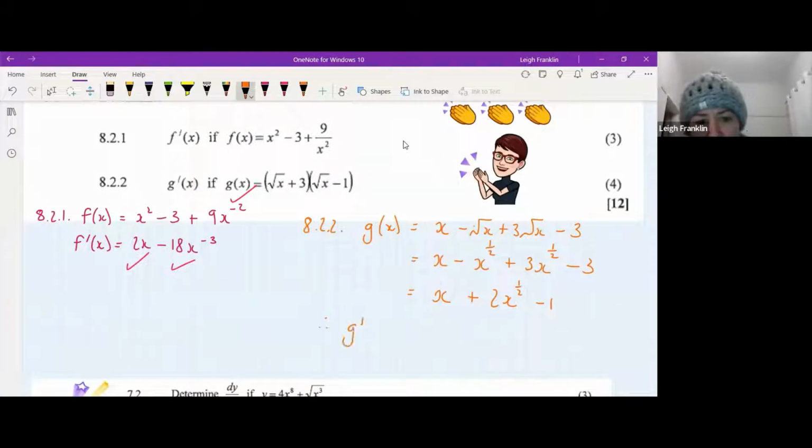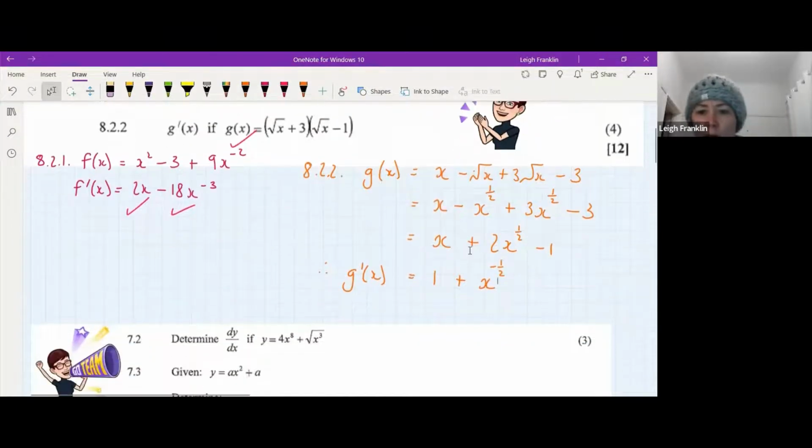Therefore g prime x is equal to 1 plus, and then a half times 2 would also be 1, x, and then take 1 away, that would be minus 1 over 2, and then the minus 3 would become 0. Okay, is everybody happy with that?